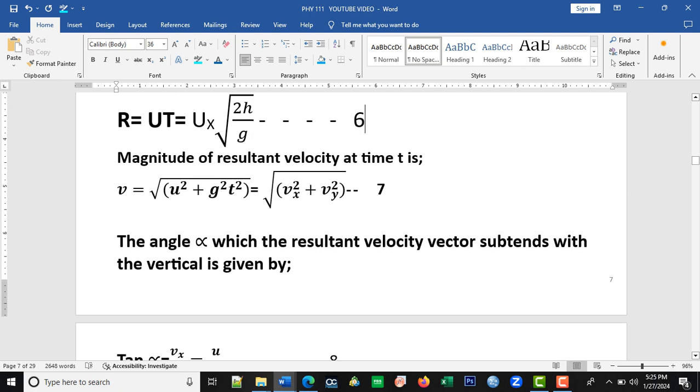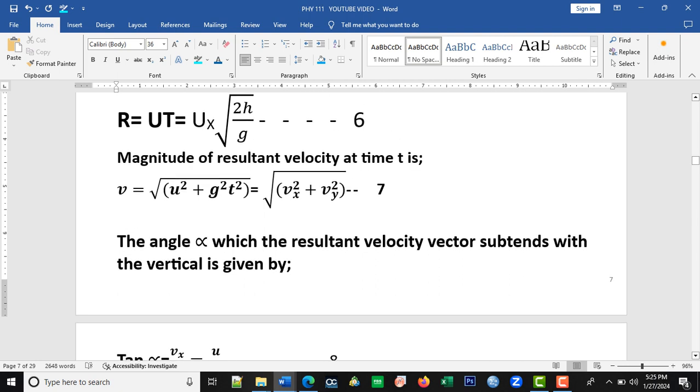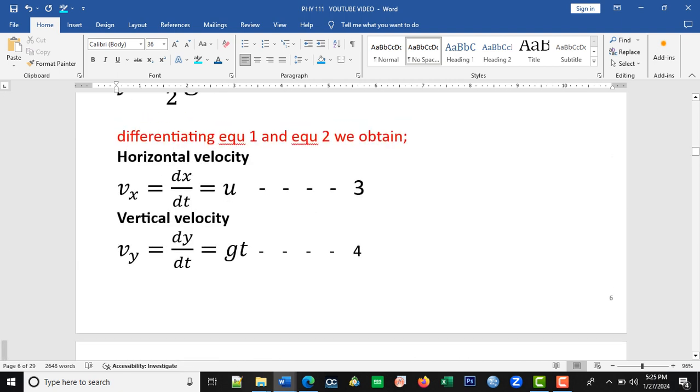If we are to find the magnitude of the resultant velocity, then we have the expression v squared x plus v squared y, all under a square root. If we go back to the equations here, equations 3 and 4, we have vx, the horizontal velocity, and vy, the vertical velocity.